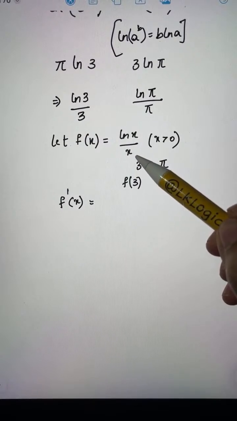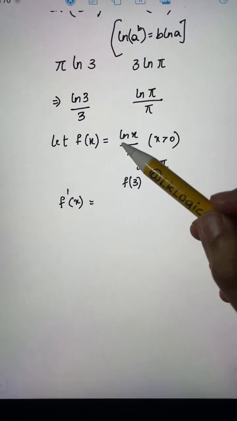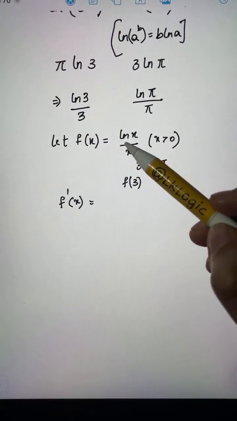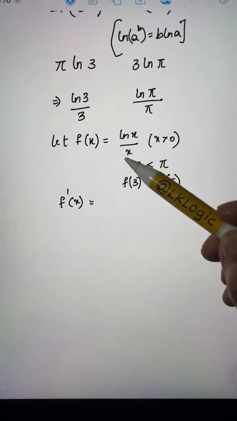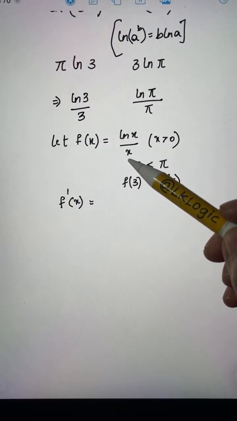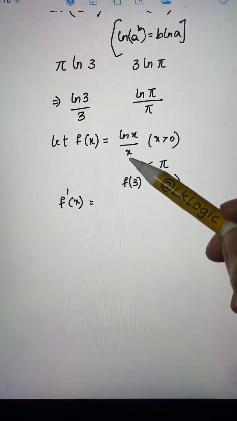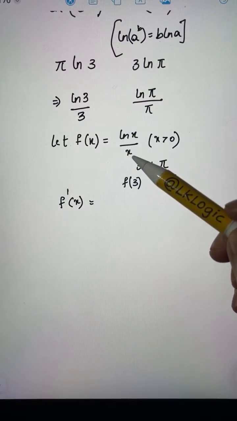The new numerator is the derivative of your numerator times the denominator: the derivative of the numerator is 1 over x, times the denominator x, and 1 over x times x is 1.